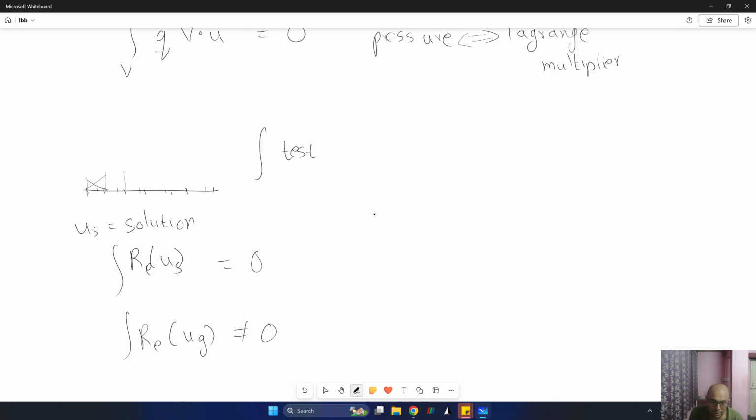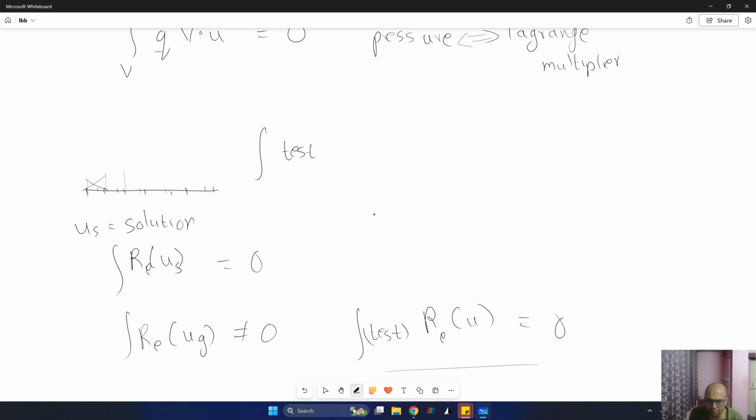So what we are doing in FEM is multiplying by a test function, which is testing our statement, and we are driving the residual inside the element to 0, and to do that we are varying our coefficients. And so this is our weighted residual statement.